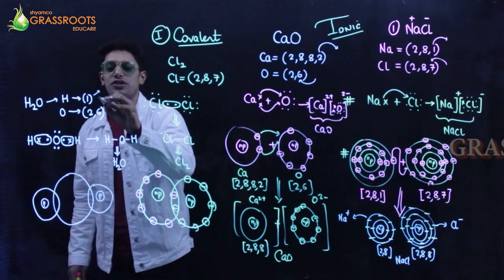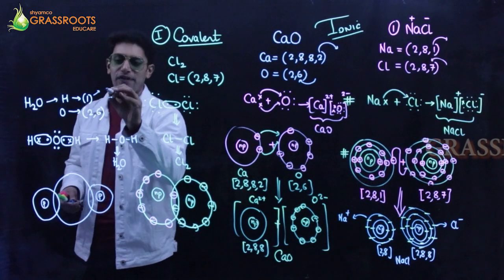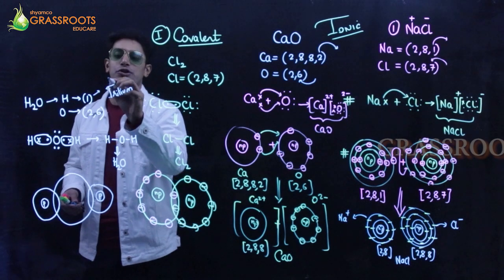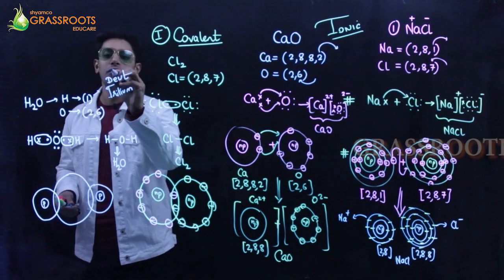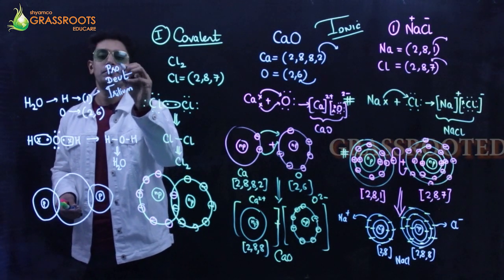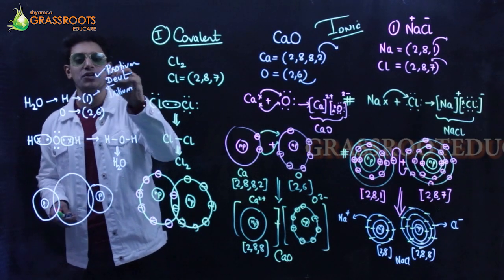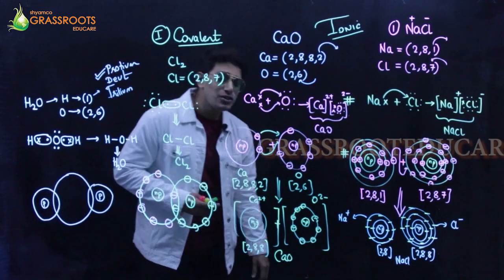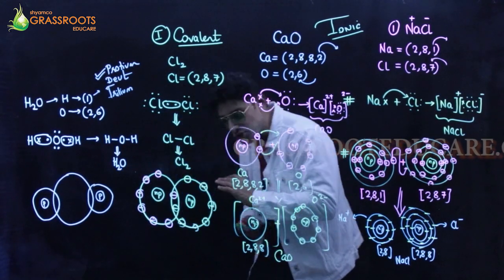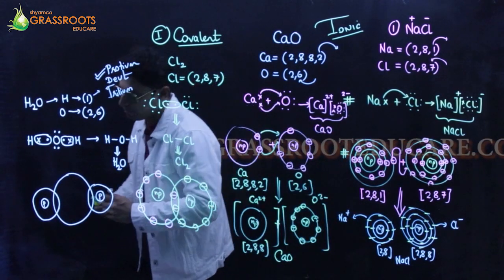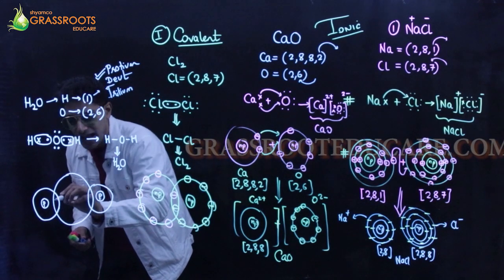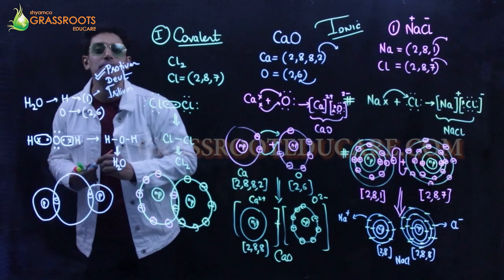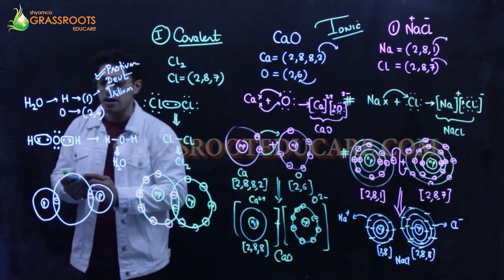Hydrogen has isotopes: tritium, deuterium and protium, these are the 3 isotopes. Here I have taken an example of protium. Protium has only 1 proton, no neutron, so there is just 1 proton and 1 electron. So this is the 1 electron contributed in the sharing by hydrogen.